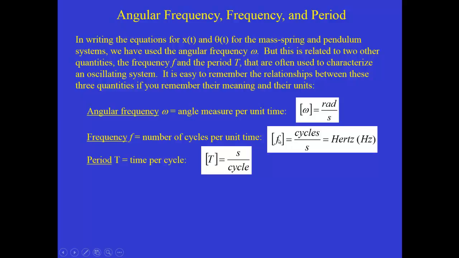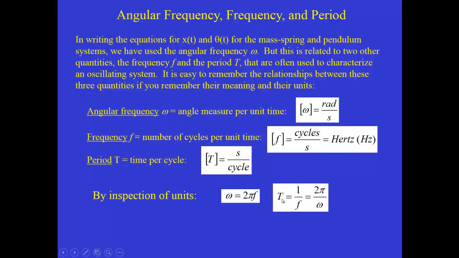And since omega is in radians per second and f is in cycles per second, since I know that one cycle is 2 pi radians, I can use that as a conversion factor to relate f to omega. And so just by inspecting the units, we can see that omega is 2 pi times f, because f would be multiplied by a conversion factor 2 pi radians per cycle, right?